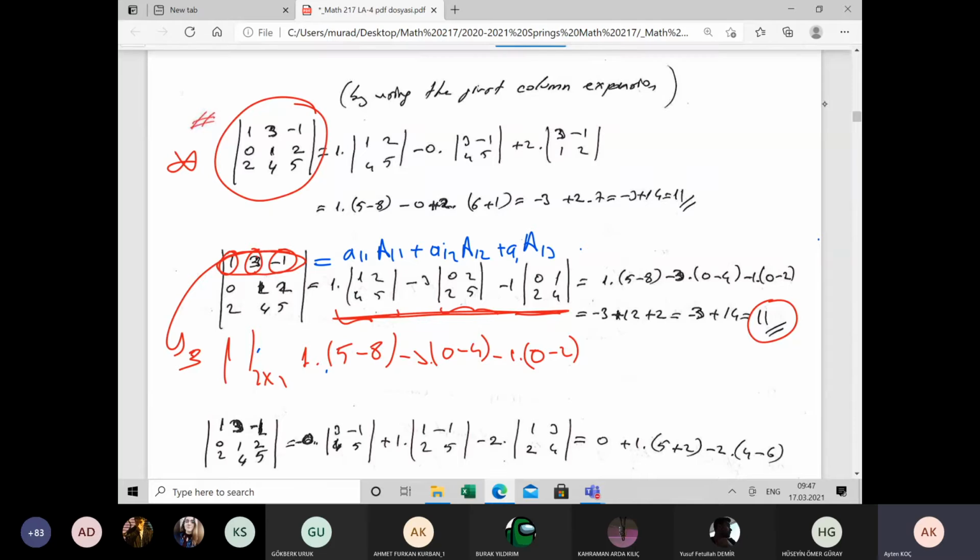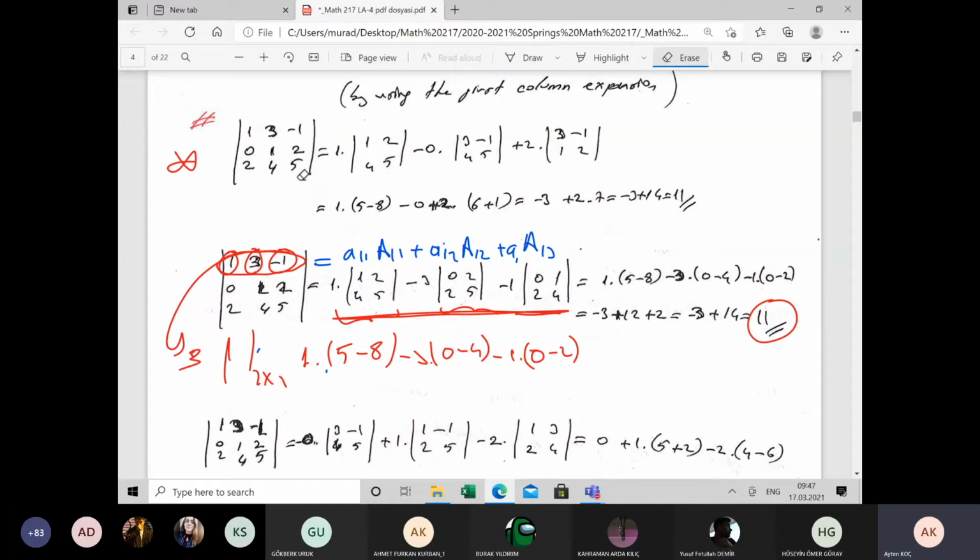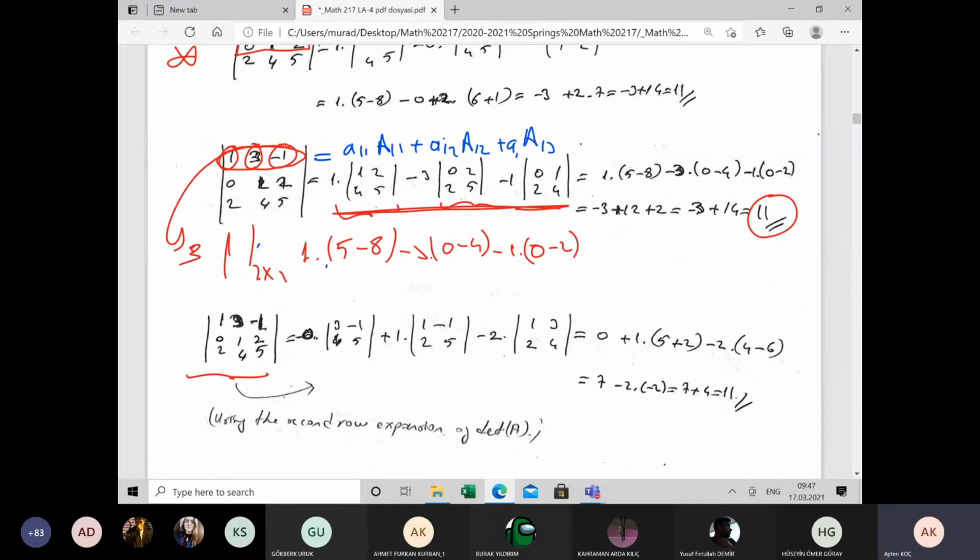Choose this one, it will be better. What is the reason? Look at this one: the second row expansion will be better, because the first entry is 0, so we can omit this one and obtain only two 2 by 2 determinants.